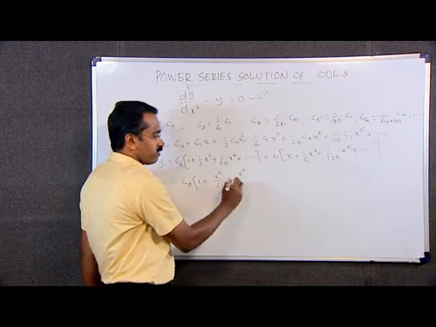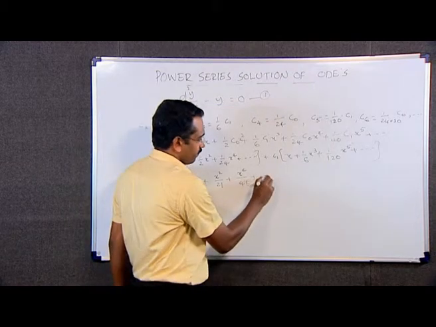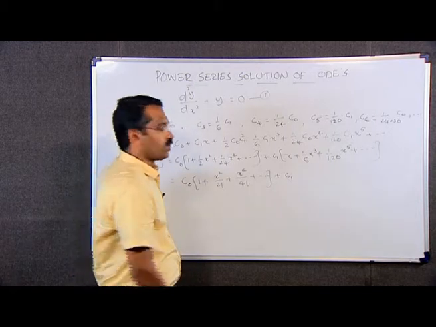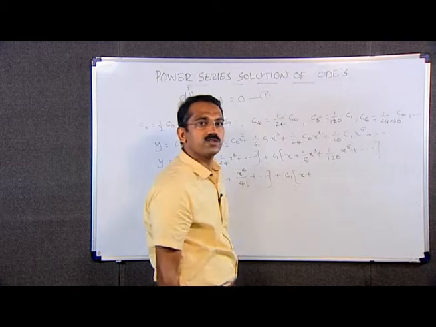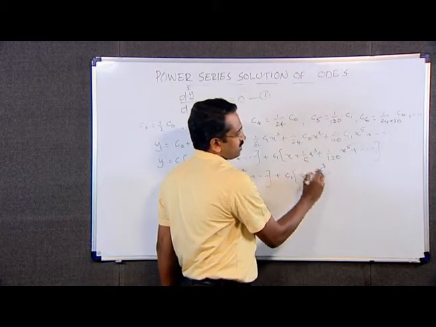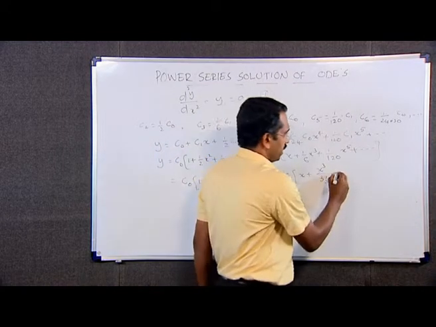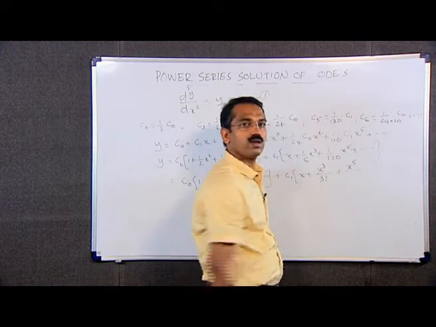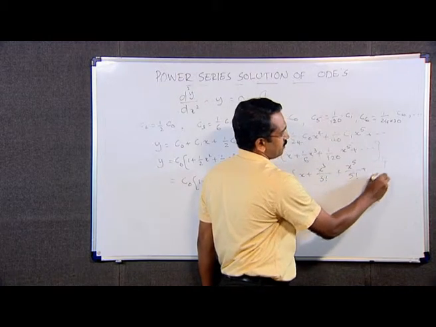We can write 24 as 4 factorial plus etc. plus C1 into x plus x cube divided by the 6 can be written as 3 factorial plus x raised to 5 divided by 120 can be written as 5 factorial plus etc.